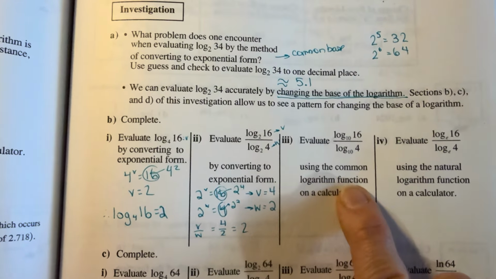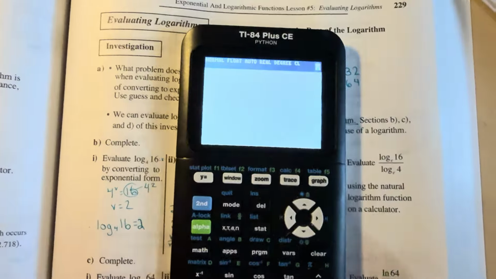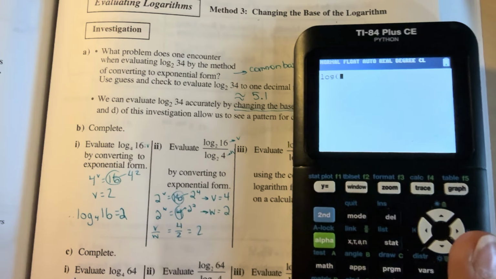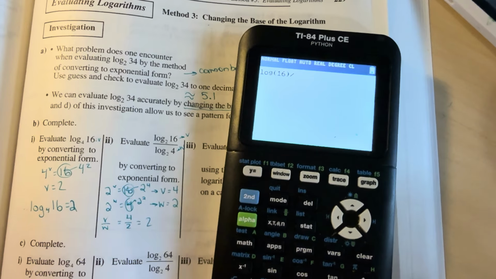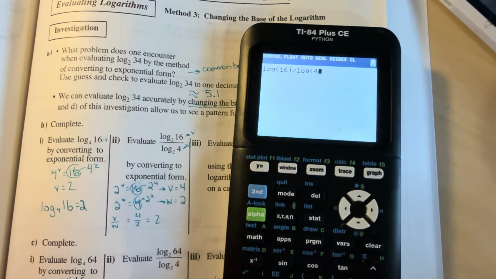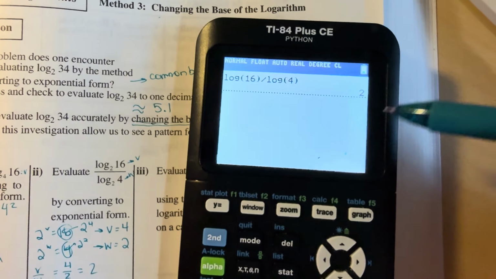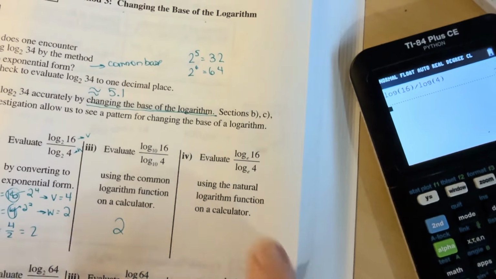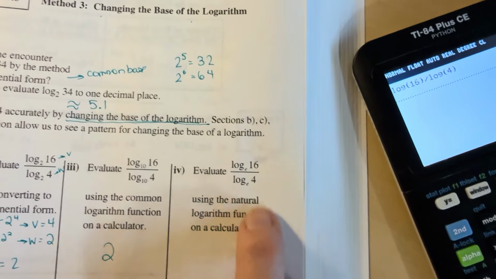Okay, so it says here to use the common logarithmic function on a calculator. So we're just doing log of 16, and then divided by log of 4. I wasn't sure if I had to put brackets around the whole thing, but it works. So that's equal to 2. And then it says to use the natural log function on a calculator. So that's the difference here.